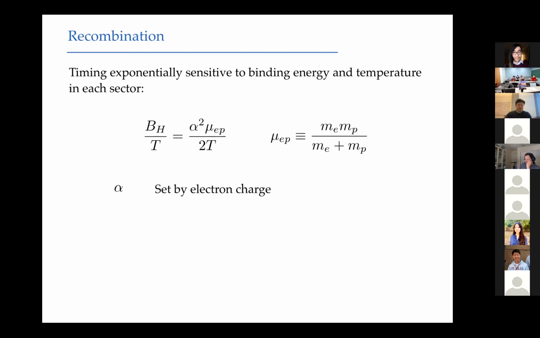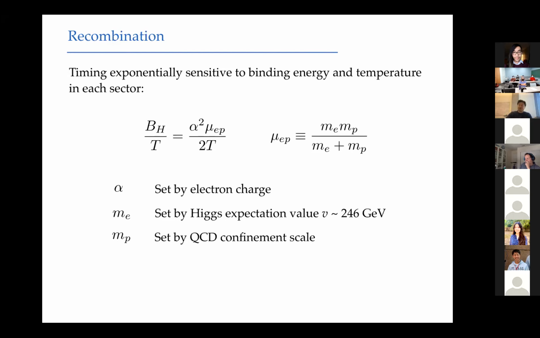And of course, alpha is set by the electron charge. It's set by the standard model Lagrangian, by QED. The electron mass is set by the physics of the Higgs sector, a vacuum expectation value of the Higgs itself and a Yukawa coupling. The proton mass is set by the QCD confinement scale.